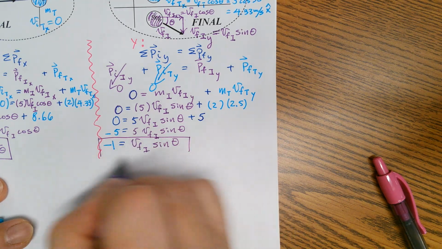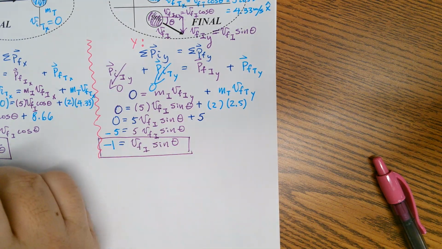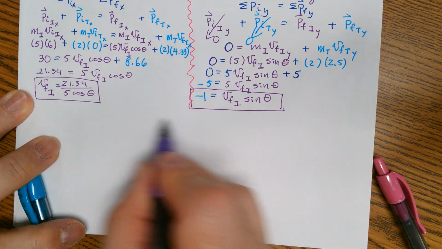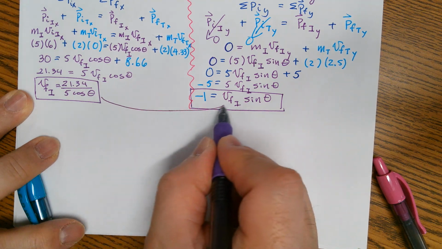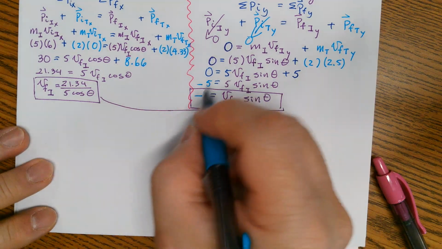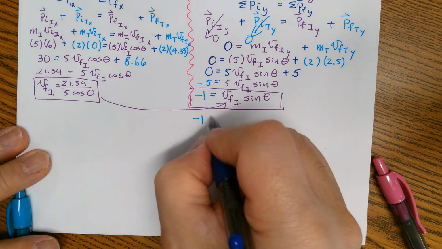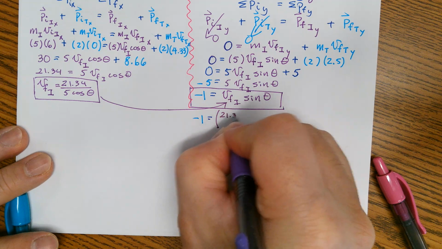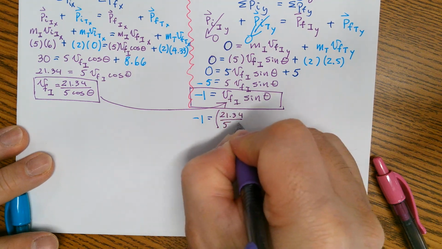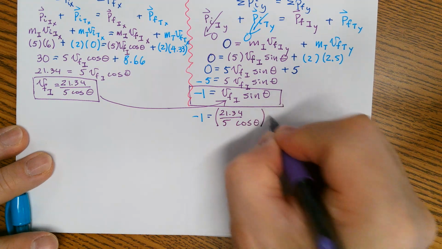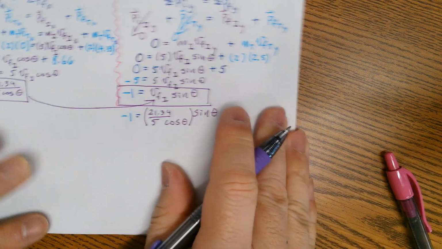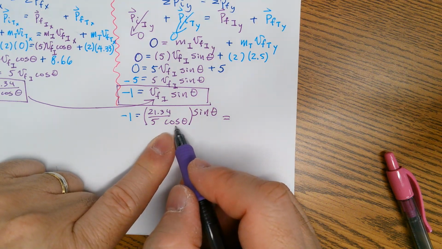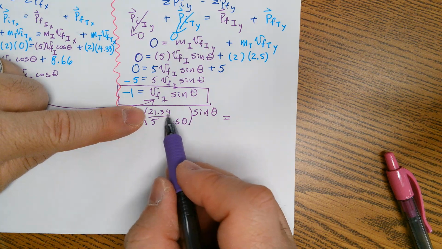This looks familiar. If I substitute the VFI that we calculated into here, I get negative 1 is equal to 21.34 over 5 times cosine theta times sine theta. Isn't that the same thing? Sine over cosine is tan theta. What's 21.34 divided by 5?